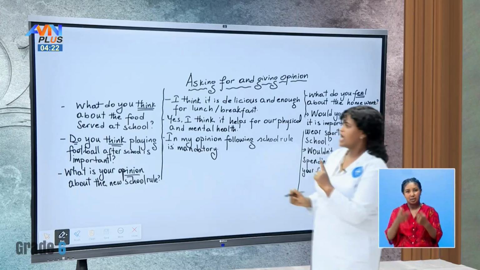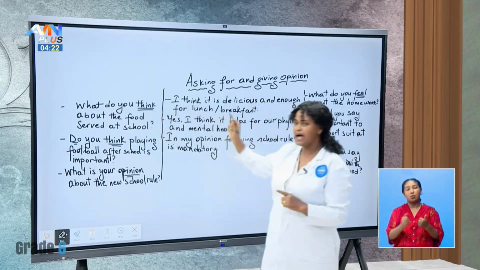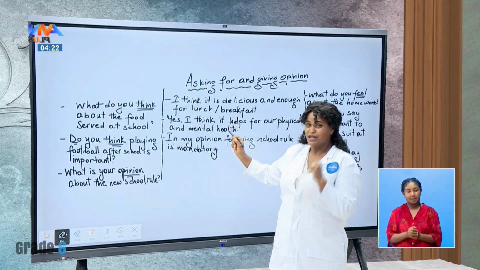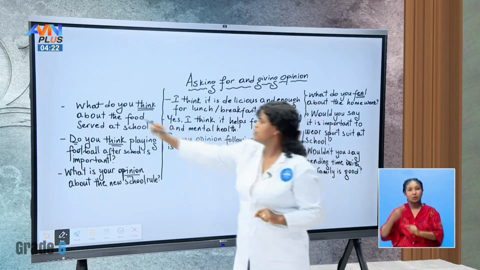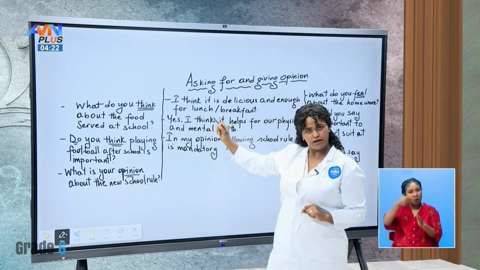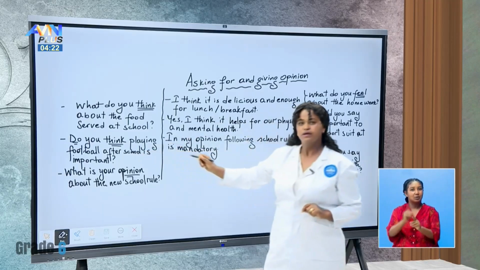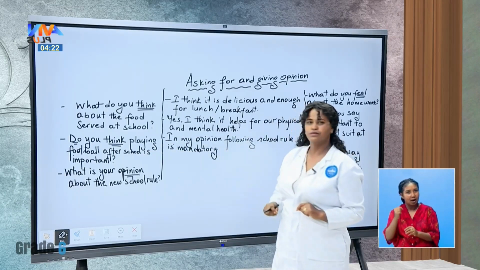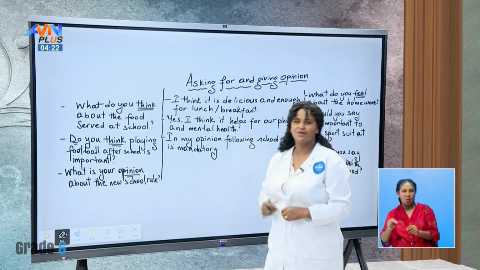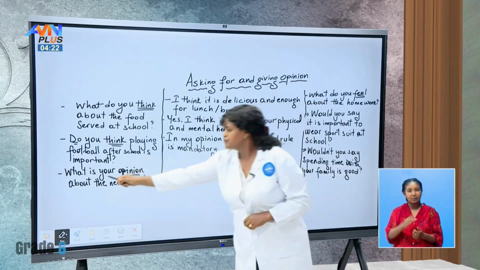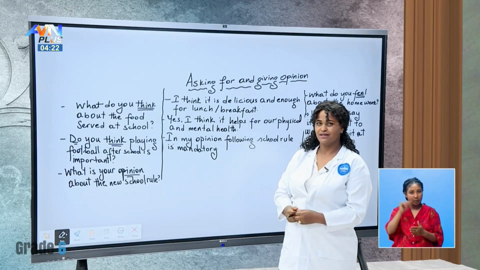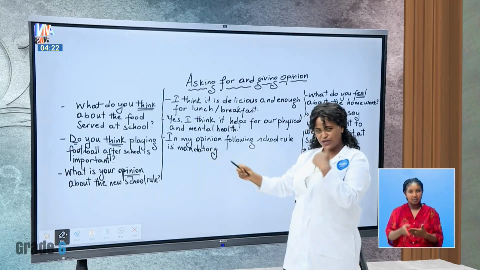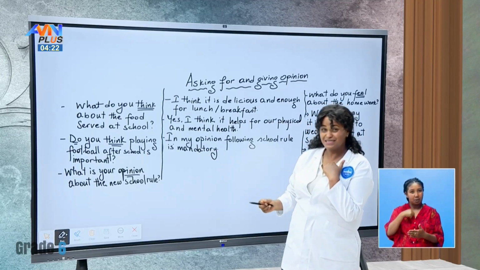Try to see how we were asking and answering. Pay attention to the words that we were using. What do you think? I think. Do you think? Yes, I think. Or, no, I don't think so. And what is your opinion? It is for opinion. Then, in my opinion.